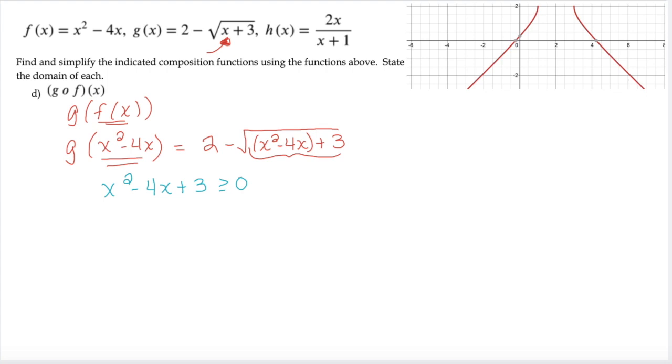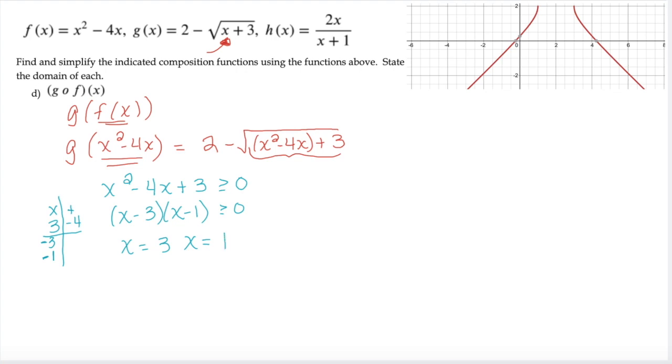I can factor my value here, 2 numbers that multiply to 3 and add to negative 4 are negative 3 and negative 1. So our factored form is x minus 3 and x minus 1. These have to be greater than or equal to 0. I will have x is equal to 3 and x then is equal to positive 1.